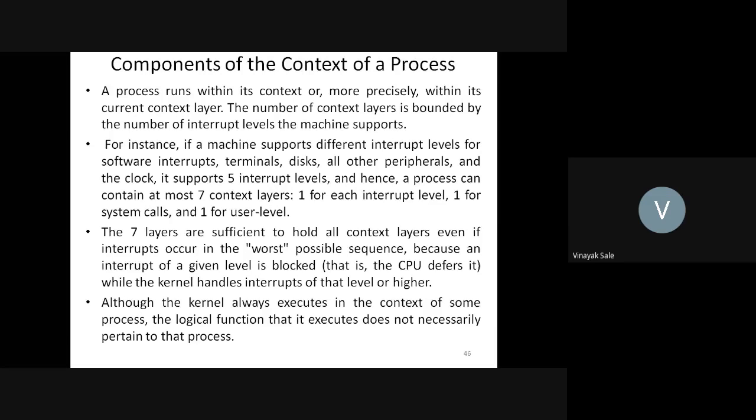The number of context layers is bounded by the number of interrupt levels the machine supports.